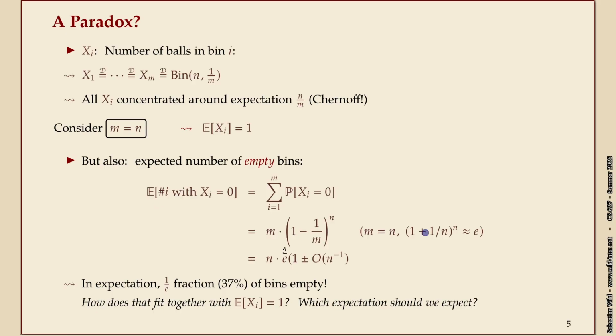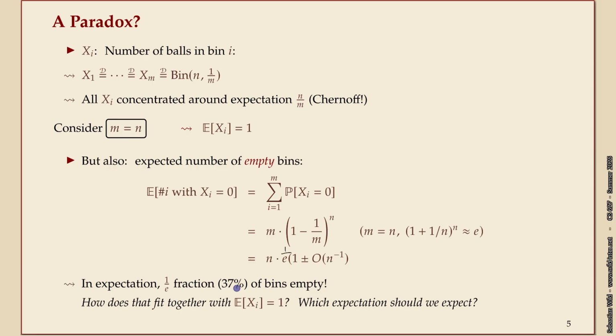So this is true, but then this thing has a minus, so it's e to the minus 1. There's a constant fraction of all bins that we expect to be empty. The expected number of empty bins is a constant fraction of all bins.